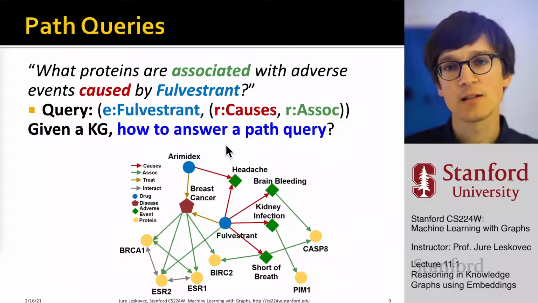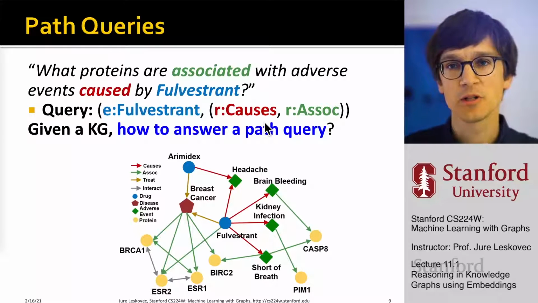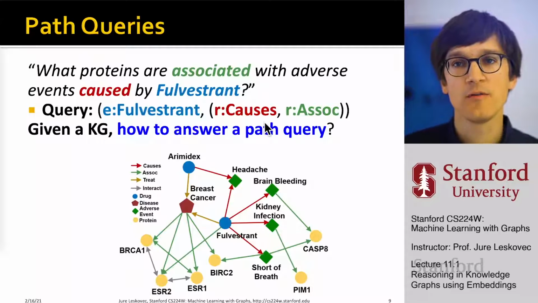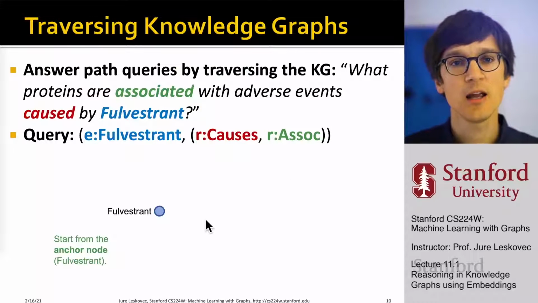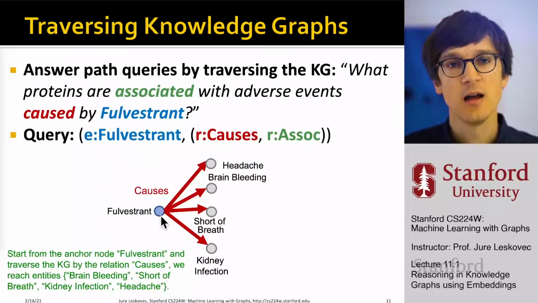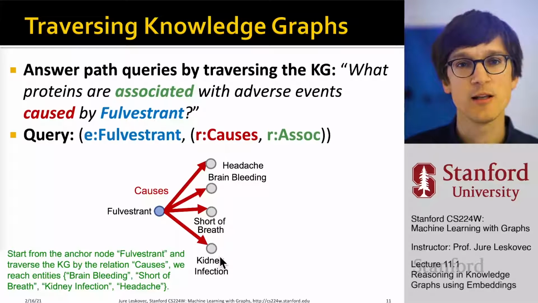So to give you an example again, how do I find the answer now? Conceptually, if the knowledge graph is complete, I simply need to traverse it according to this query plan. So the idea is I start with fulvestrant, I traverse over causes relations to get to all the side effects caused by this drug, like headaches, brain bleeding, shortness of breath, kidney infection and so on, so quite serious side effects.